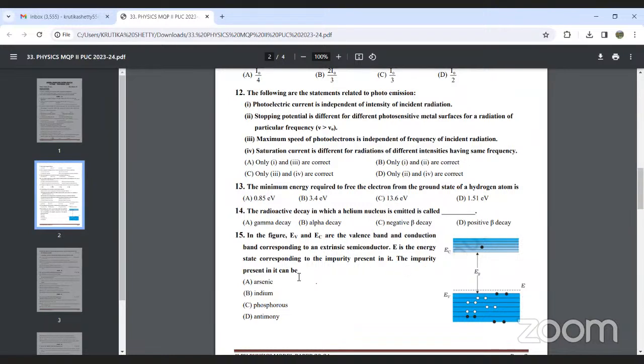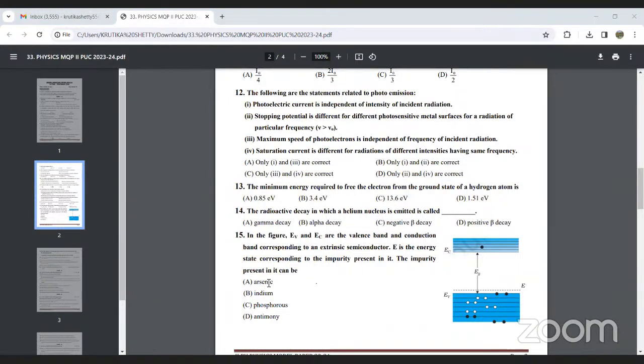The impurity present in it can be: arsenic, indium, phosphorus, antimony.